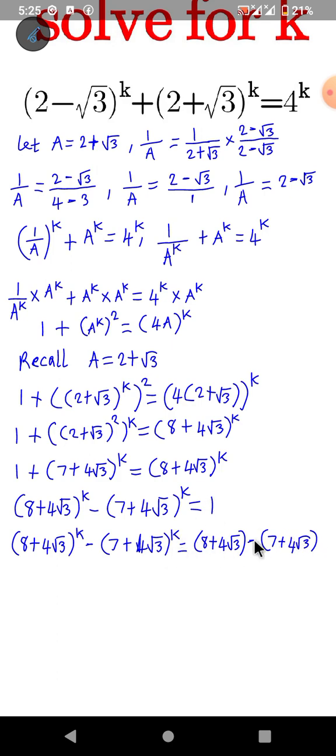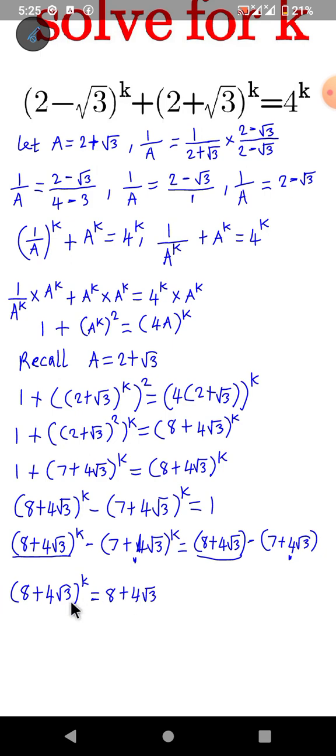Now my next step will be to compare. I'm going to compare this with this, and also compare this with this. Now let's start our comparison. We say 8 plus 4 root 3 raised to the power of k will be equal to 8 plus 4 root 3.